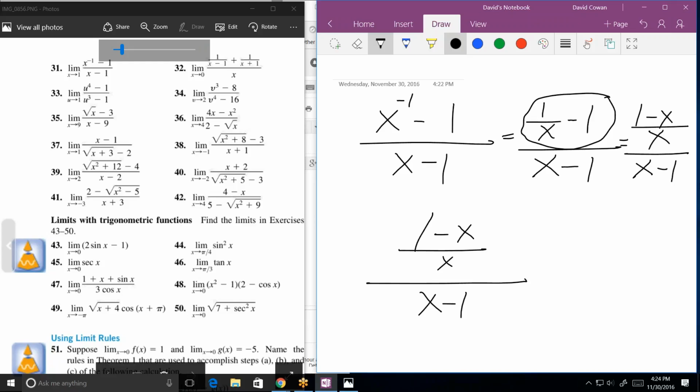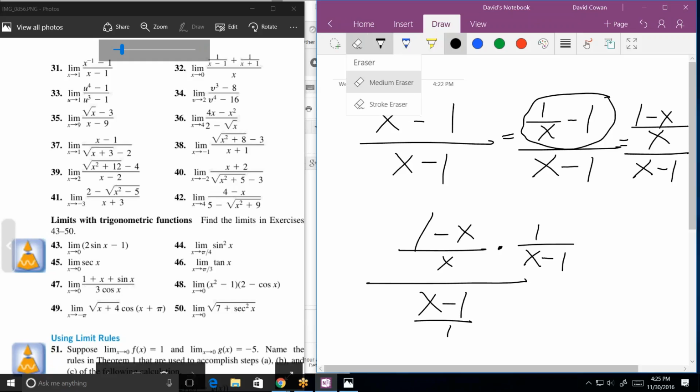How do you divide when you have fractions? Reciprocal multiply. So I'm going to multiply that by 1 over x minus 1. For some reason, people don't think of that very often when your denominator is not a fraction, but you can always assume there's a 1 under that. Now when I multiply, something very interesting happens.